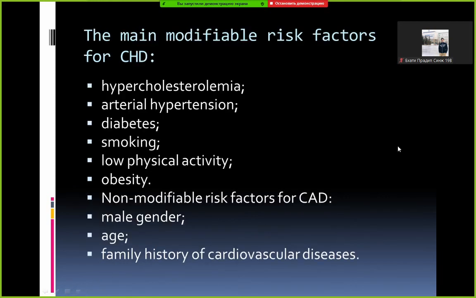The main modifiable risk factors of coronary heart disease: hypercholesterolemia, arterial hypertension, diabetes mellitus, smoking, low physical activity, obesity, and non-modifiable risk factors of coronary artery disease are male gender, age, and heredity.